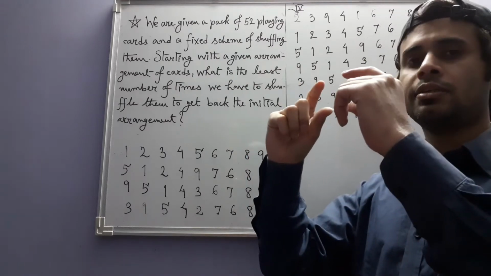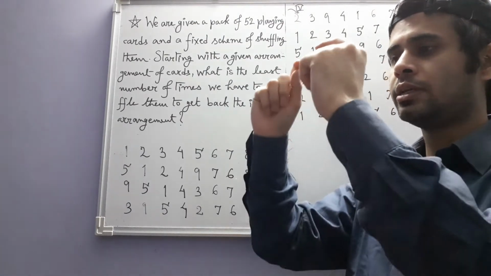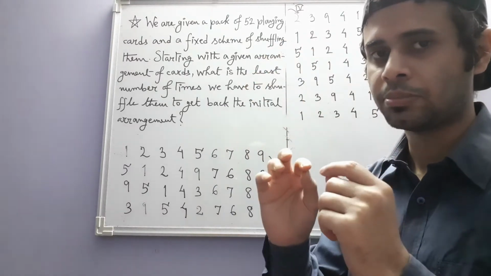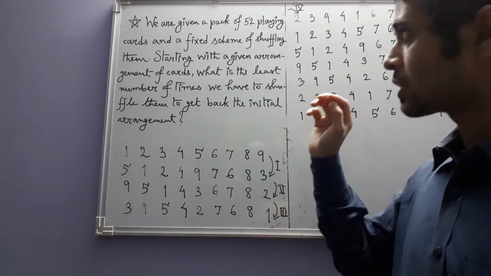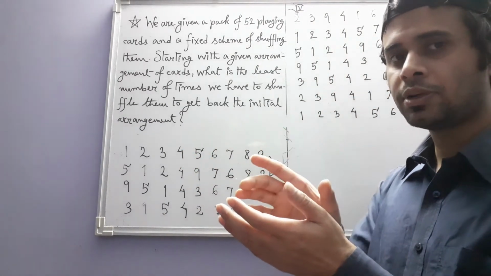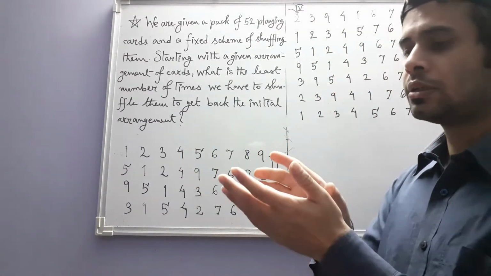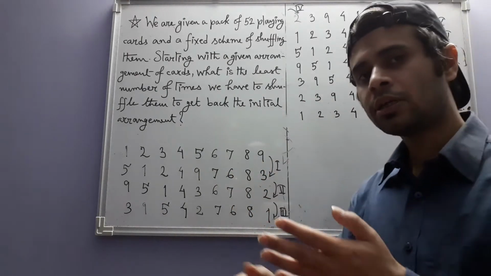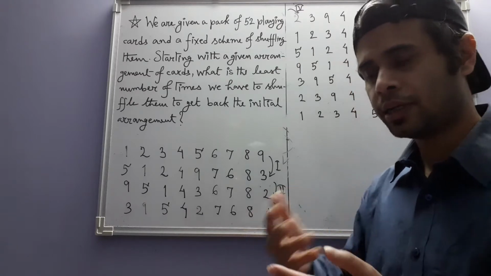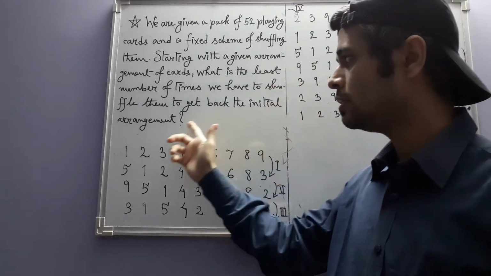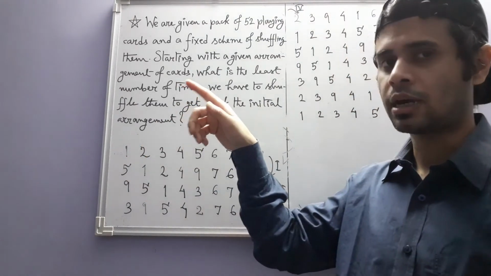Now if we are given the deck, then initially the cards are in some sort of arrangement. Starting with that arrangement, if we apply the shuffling scheme once, the arrangement will change. If we keep on applying the shuffling scheme again and again, at some point we will come back to the initial arrangement from where we started.